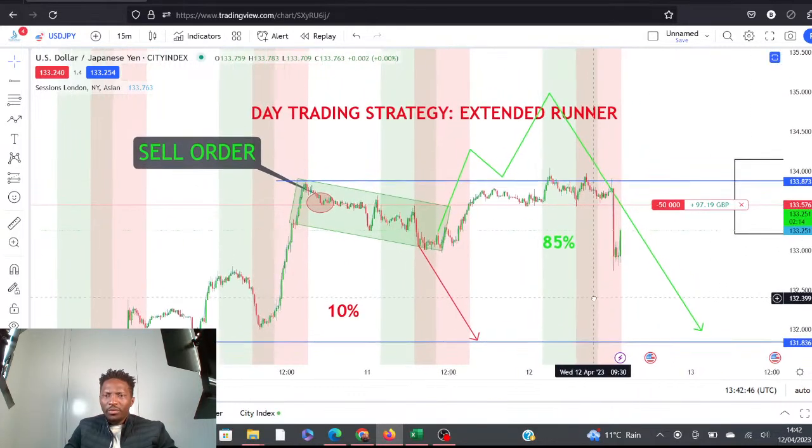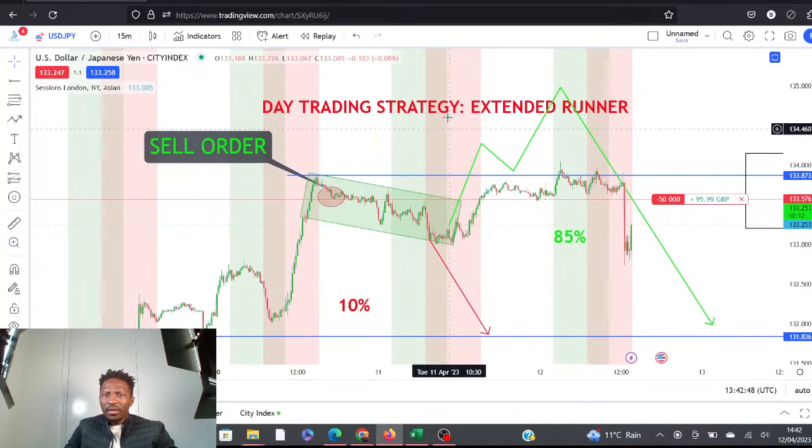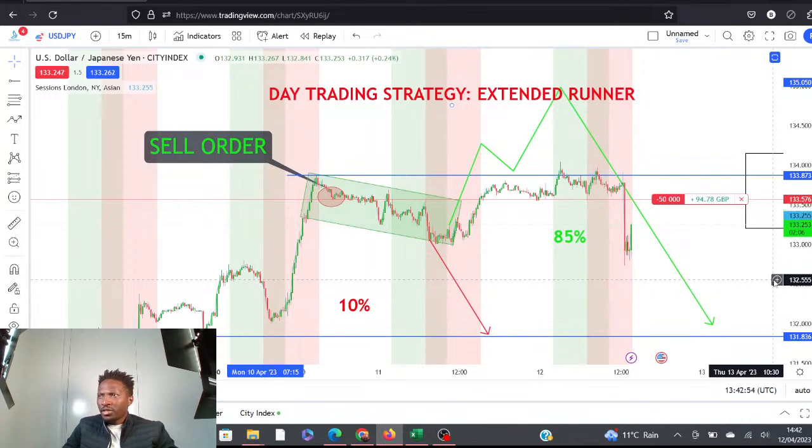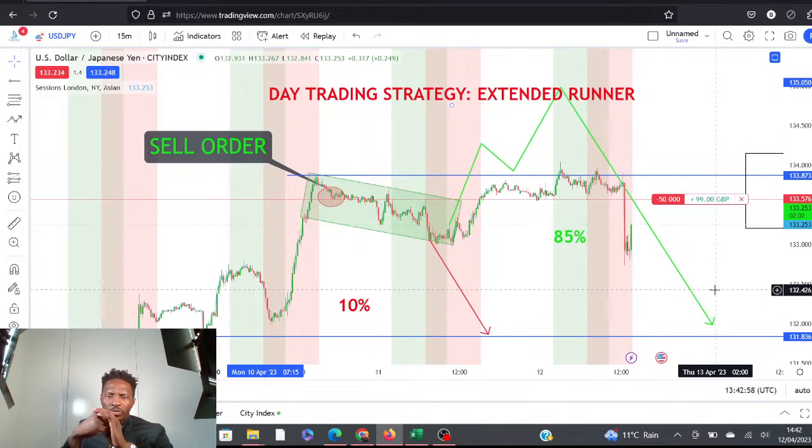It looks like we're getting some volatility in the market as well. That's not surprising considering the US market is open at the moment, and we've got the Canadian interest rate coming up in about 20 minutes time.